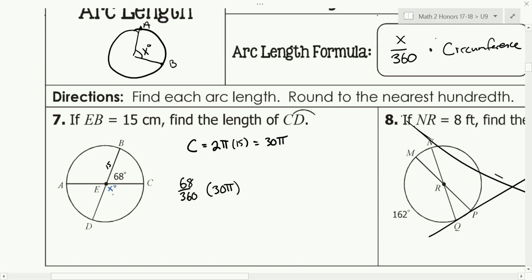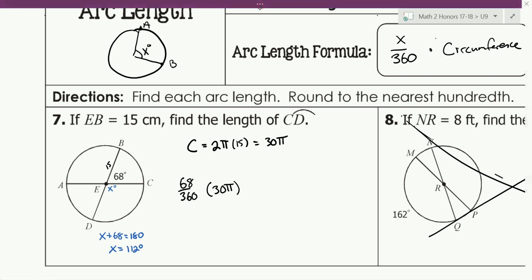And do you see a way to find that angle? Good. Anybody do that already, guys? What do we get? 180 minus 68? 112? Okay. So instead of 68 at that numerator, we're going to put 112 there.